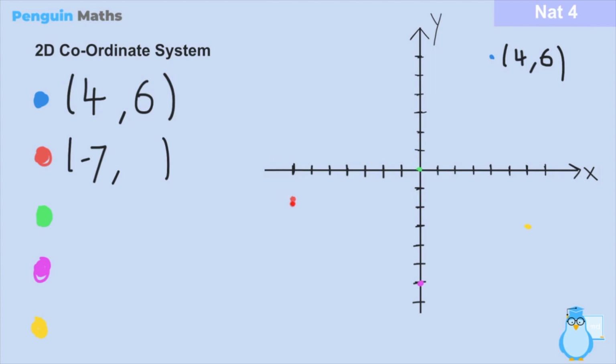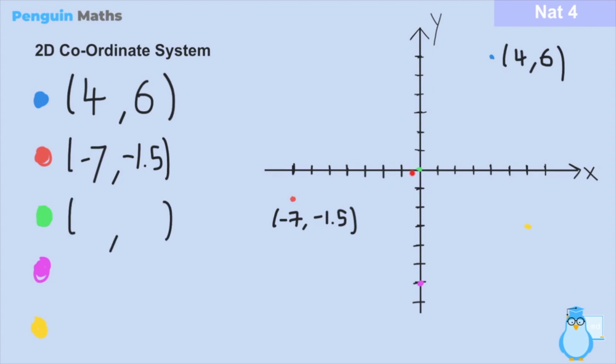And we can also see that this point is below the axis, so that means it's going to be negative in the y direction as well. So here we have 1, this is 2, so we can see the point lies in between 1 and 2, so halfway between 1 and 2, we can say that's 1.5.